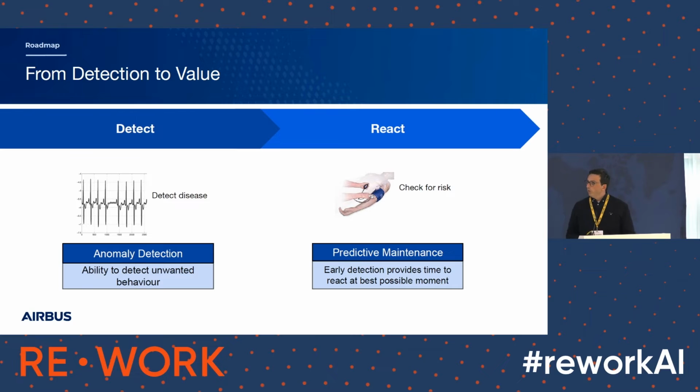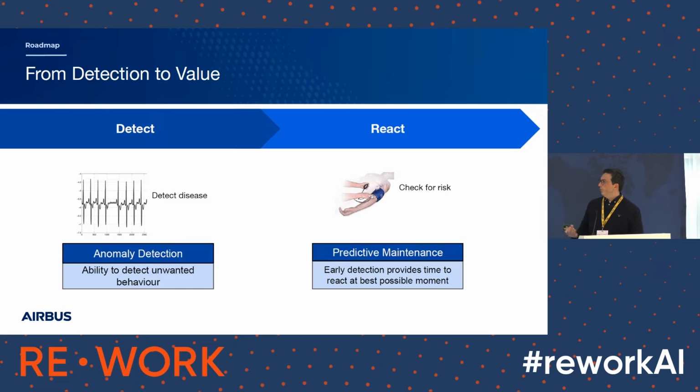Essentially, we want to have the ability to detect unwanted behavior early on. By detecting it with an early onset, we can tell people, wait a second, now you have maybe a couple of weeks to do something about it, and do it in the time period where it's best for you, so that it's not generating added costs.